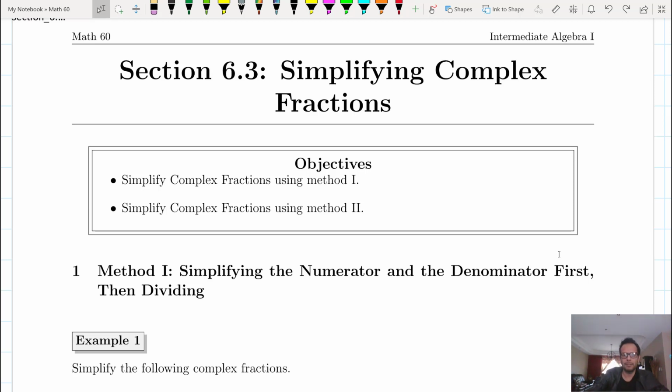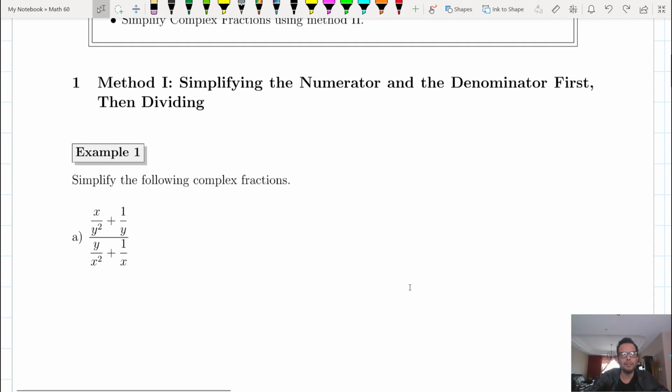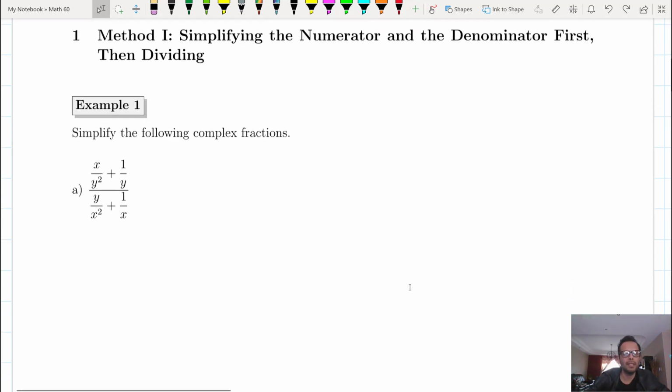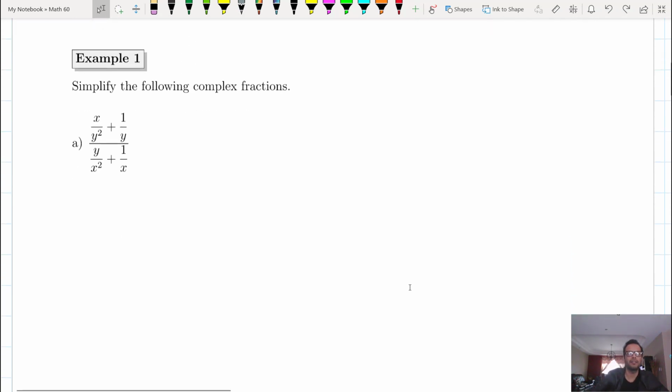Okay, so let's look at an example here. They're asking us to simplify the following complex fractions. It would be a good idea to look at what a complex fraction is. Notice how big and ugly they are.